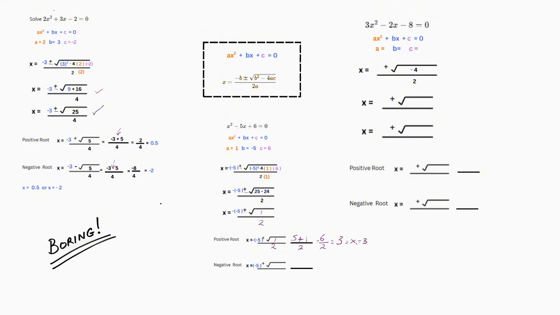Sign again, so we're going to put a negative here. So it's going to be 5 minus 1 over 2 equals 4 over 2, which is another nice integer, nice whole number.